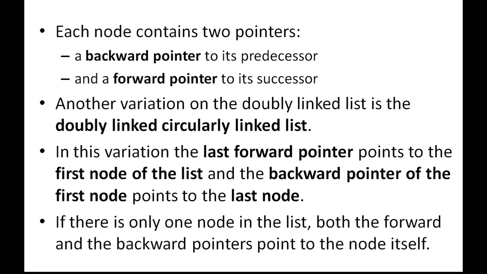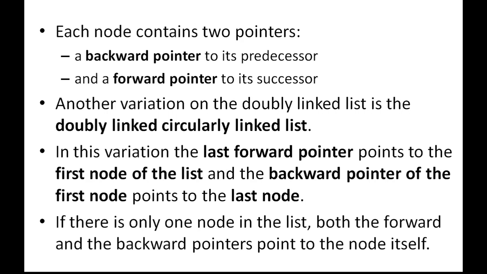We are going to refer to the two pointers as the backward pointer and the forward pointer. Understand the meaning of these two pointers clearly, since we will be making use of them in the discussions of the algorithms. The backward pointer is one which points to the previous node, or the predecessor, whereas the forward pointer is one which points to the successor.